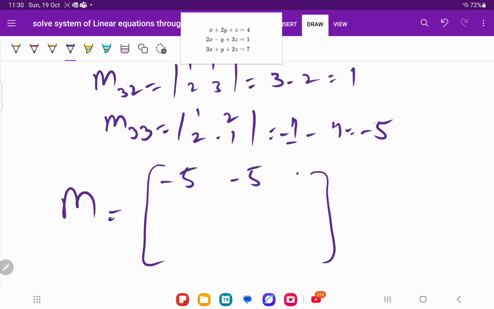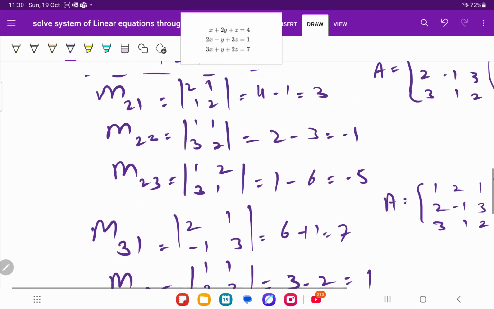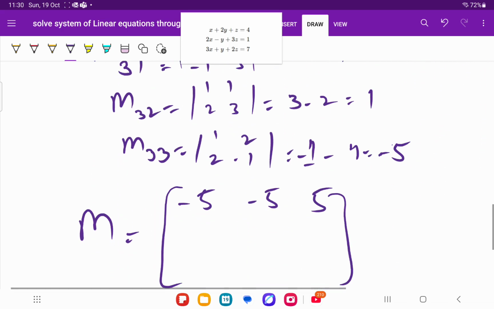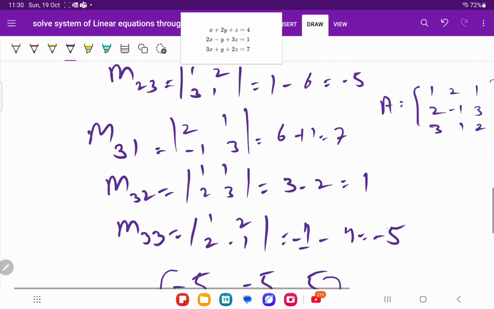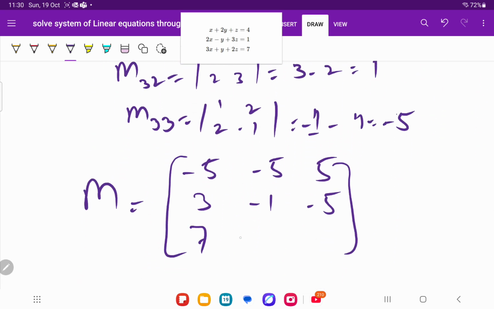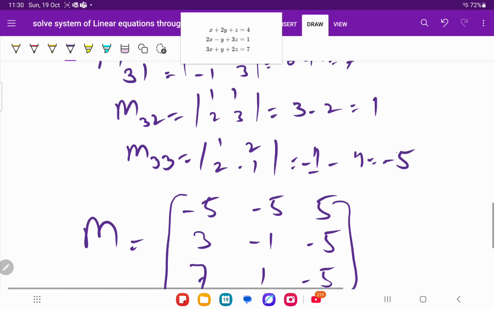Why am I writing them in the first row? Because this is M11, this is M12, this is M13. Okay, that's how we complete it. Then 3, minus 1, minus 5, and 7, 1, minus 5.